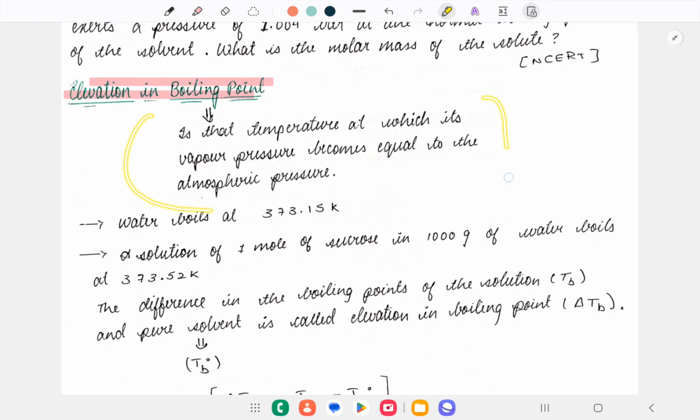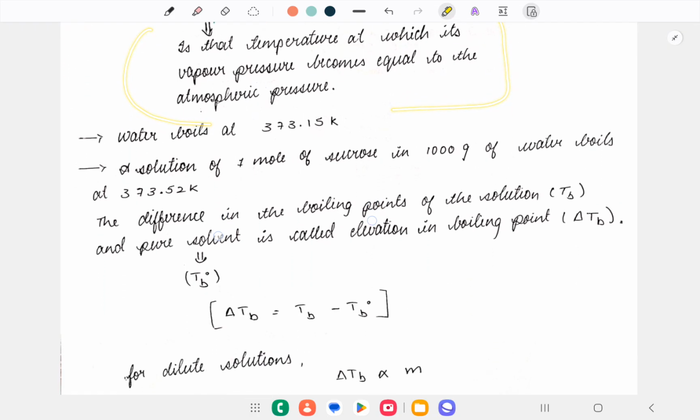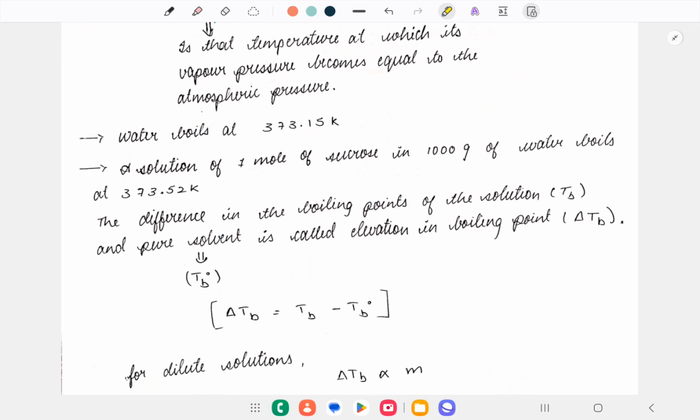This is very important to note. Let us take one example to understand the elevation in boiling point. Water will boil at 373.15 Kelvin. At that stage, the vapor pressure becomes equal to the atmospheric pressure.